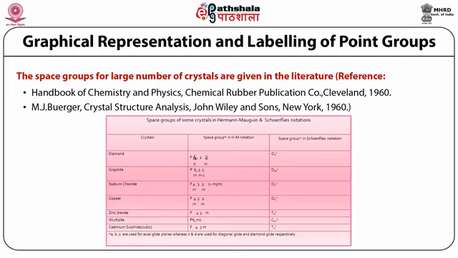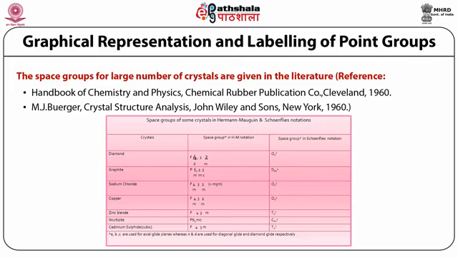One column refers to some crystals. The second column refers to the space group in HM notation. The third corresponds to the space group in Schoenflies notation. For diamond, the space group in HM notation is capital F 4 subscript 1 by d, 3 bar, 2 by m.